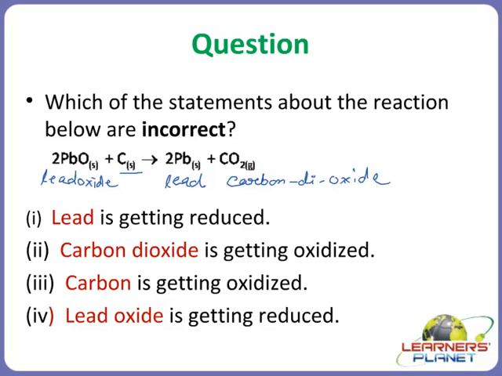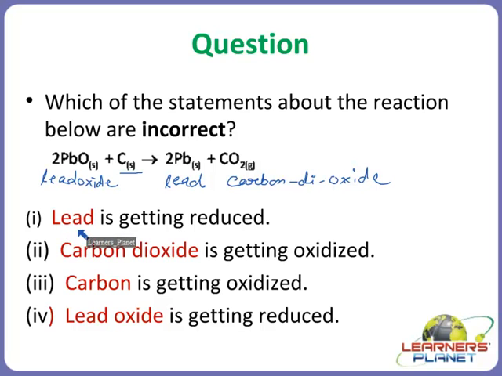Now, what is getting reduced and what is getting oxidized? What do you mean by oxidation? The addition of oxygen is called oxidation, and the removal of oxygen is called reduction. Now, in this case, what is getting reduced? Here just see, lead oxide.